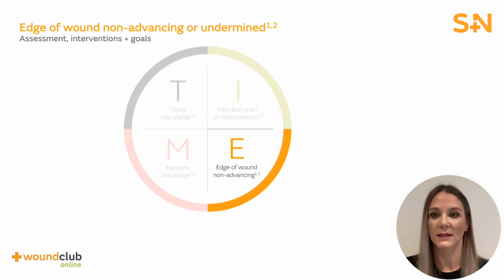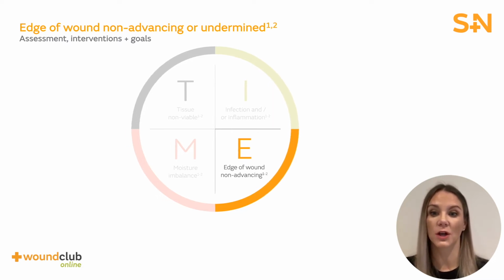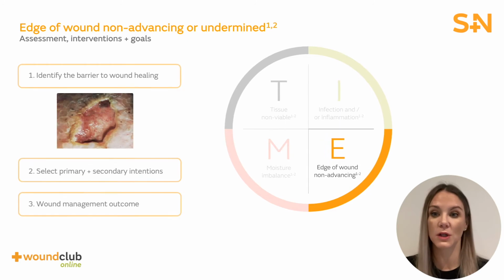E represents edge of wound, non-advancing or undermined. This is the final component of TIME, and it is the active division, migration and maturation of epidermal cells from the wound margin across the open wound.